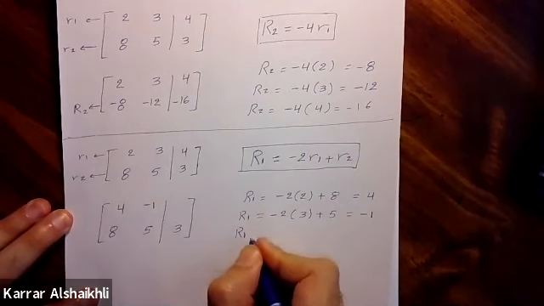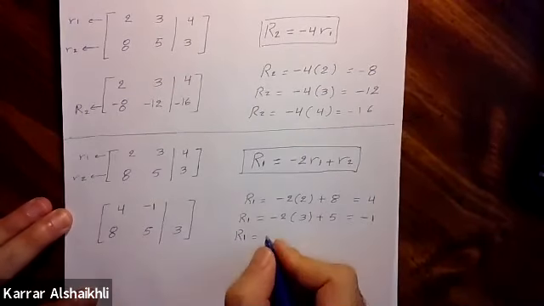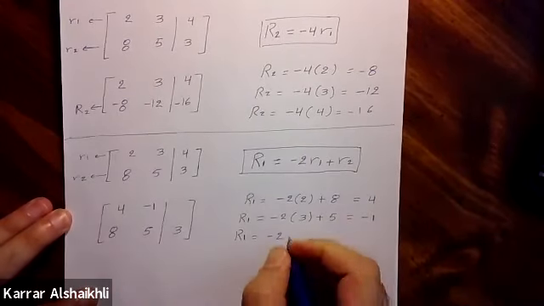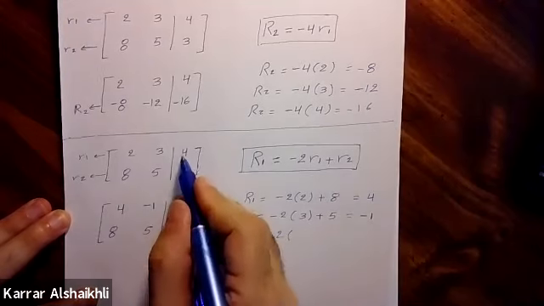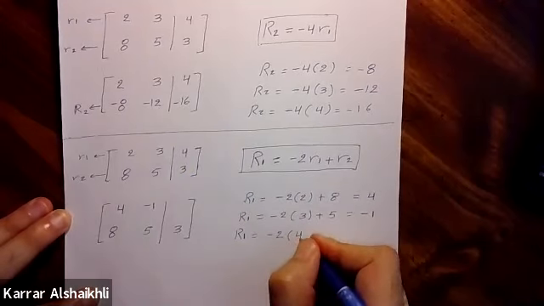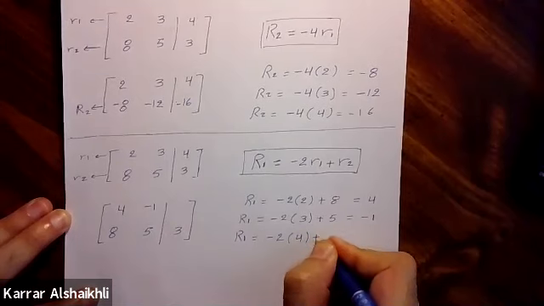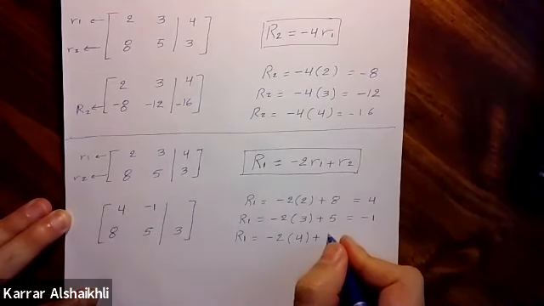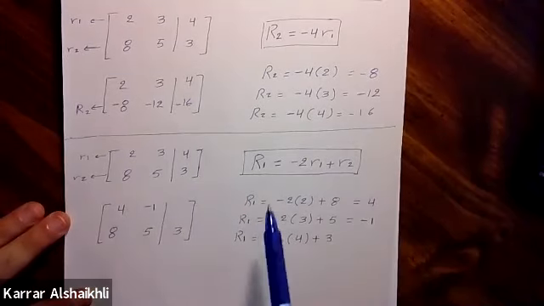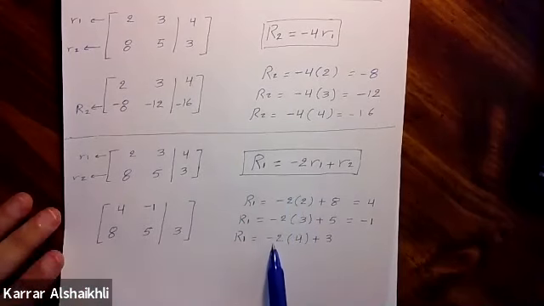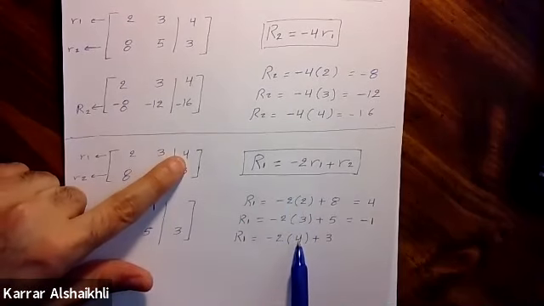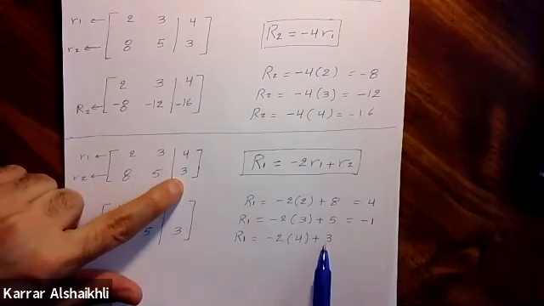Now, the last number on the new R1 is going to be negative 2 times 4 plus 3. You see, I'm using the rule, negative 2 times 4 plus 3.